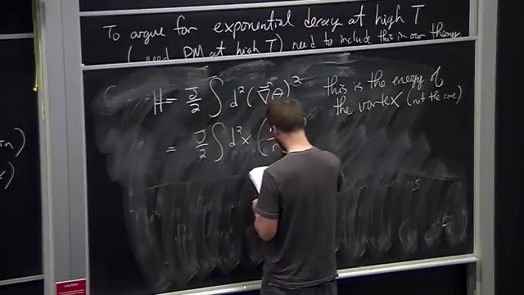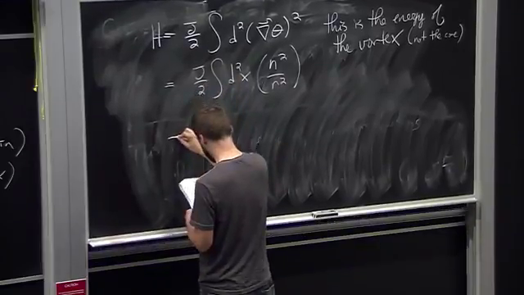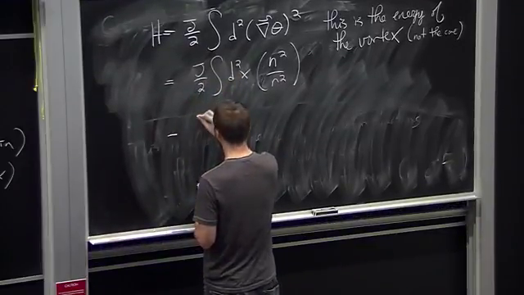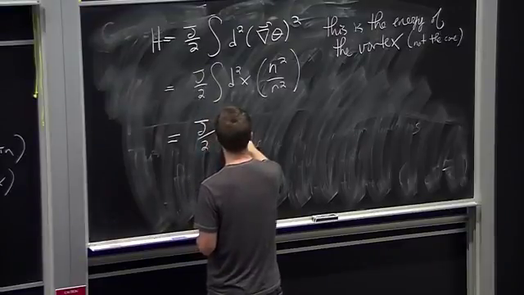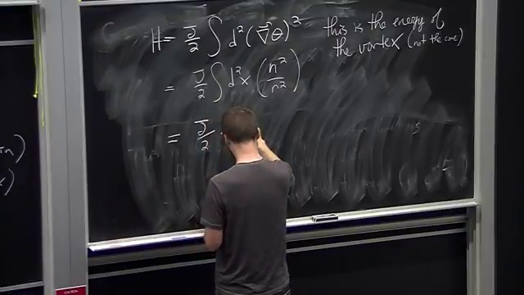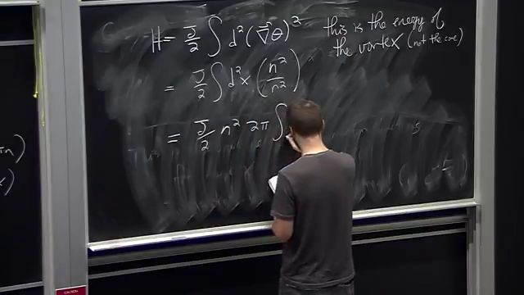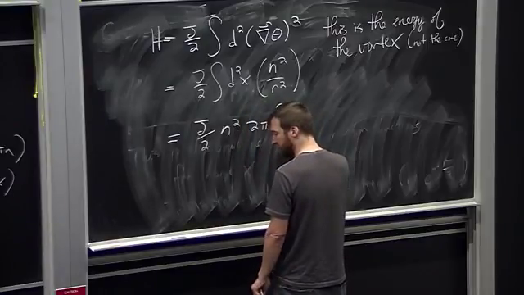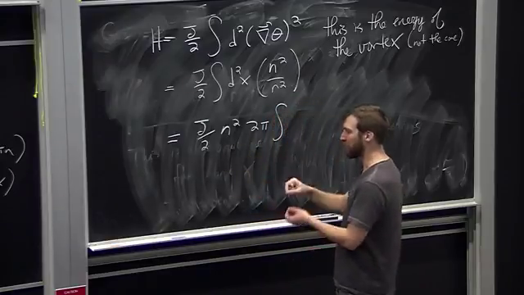So I've got two of these, n squared over r squared, times J. So I'll do the angular piece, and then I've got to have a limit of integration on the distance r.